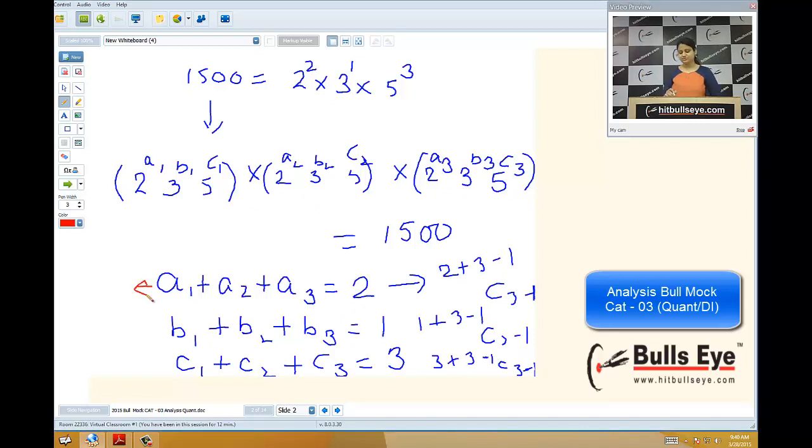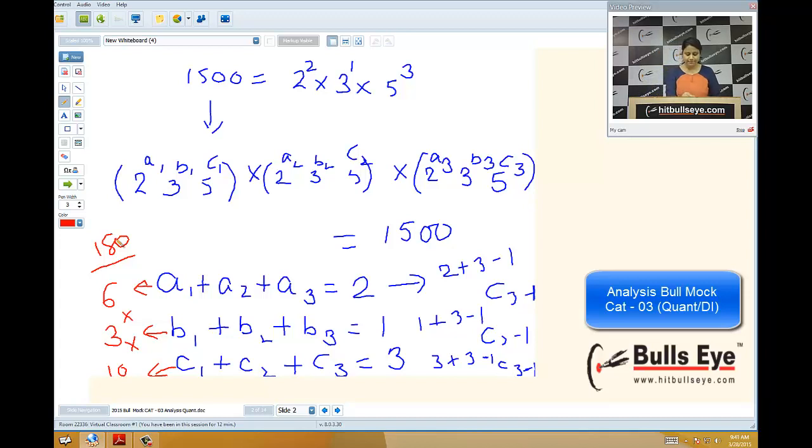They are 4C2. What is 4C2? 4C2 is nothing but 4 into 3 by 2, that is 6. For this equation, it will be 3C2, 3. For this equation, it will be 5C2. What is 5C2? This is 10. So how many in total solutions are possible? They are 180.